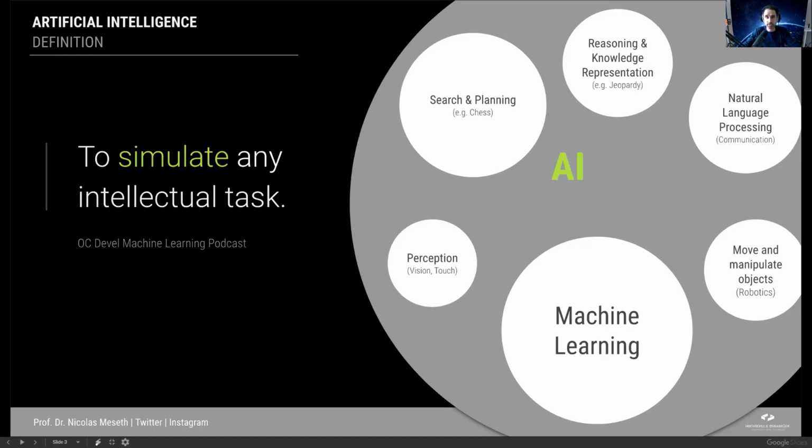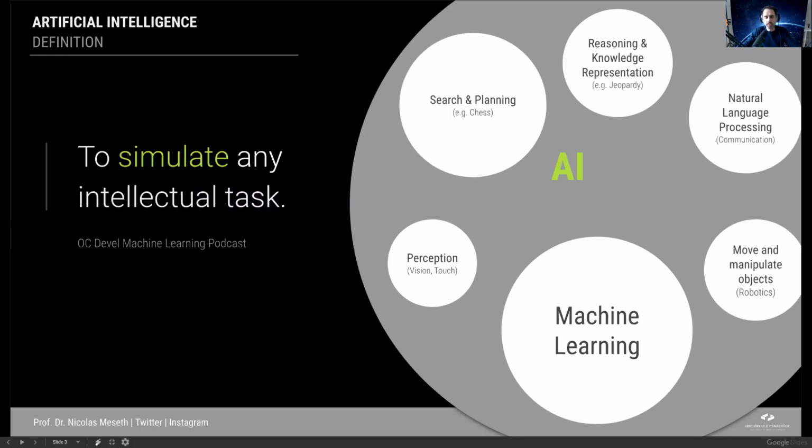There are definitions that are much more specific to what we mean by artificial intelligence. But if we have this broad definition, we see on the right side what is actually typically subsumed under this term artificial intelligence, if we mean by that to simulate any intellectual task.